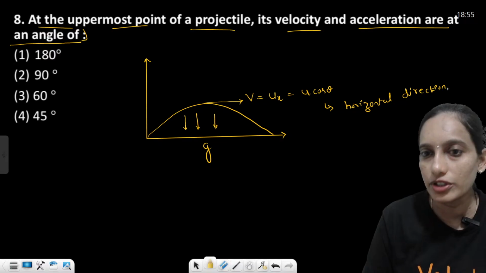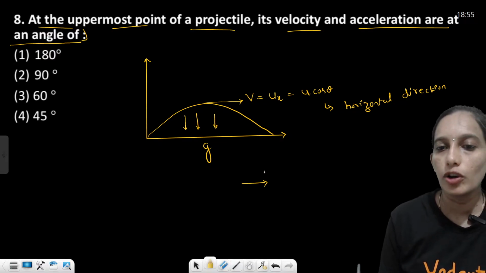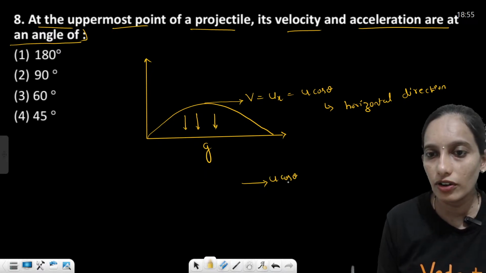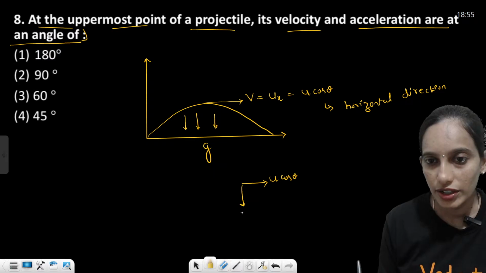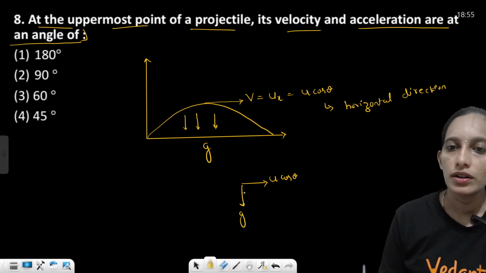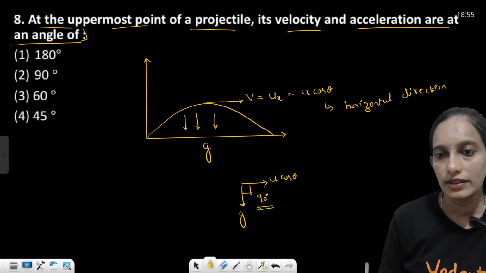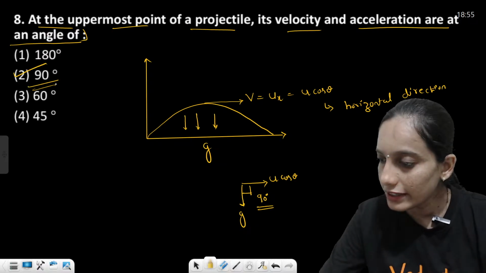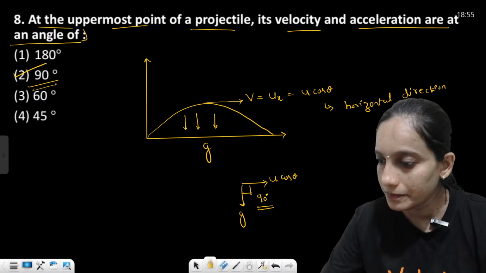It's a simple question, right? So at the topmost point, velocity is u cos theta along the horizontal direction, and g is acting vertically downward. So the angle is 90 degrees. That is option 2 is the correct answer.